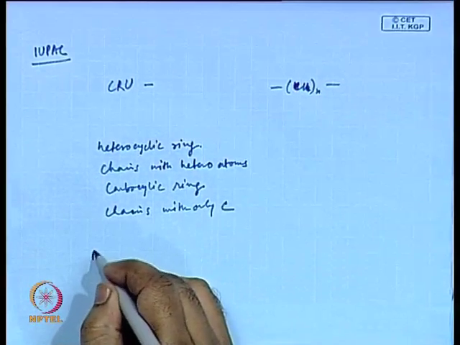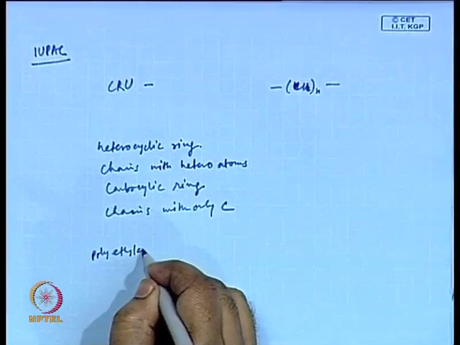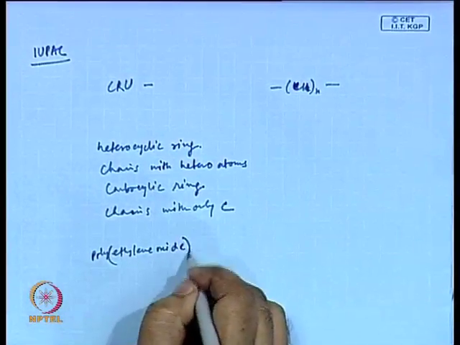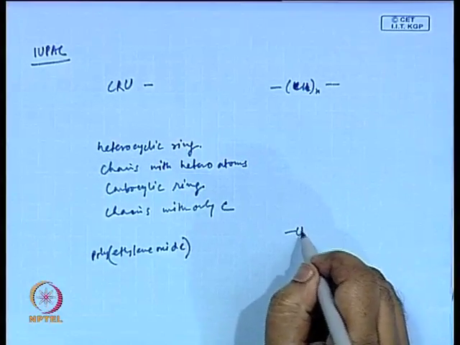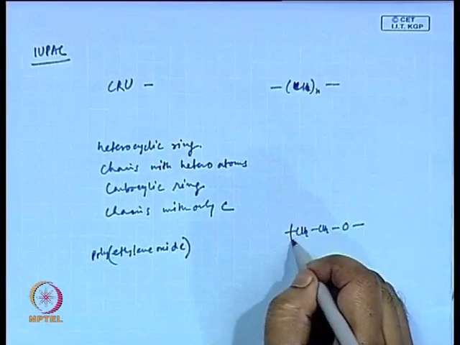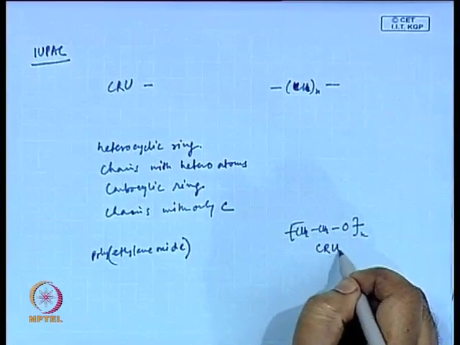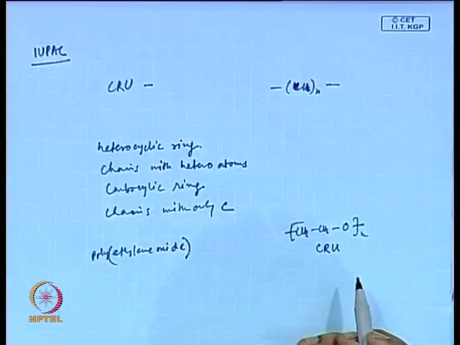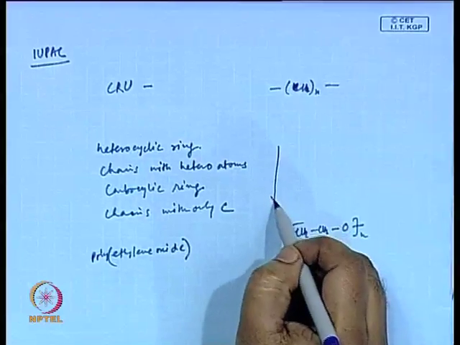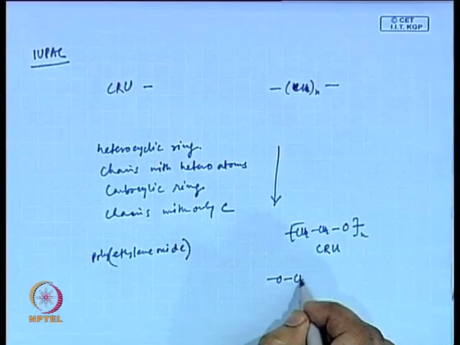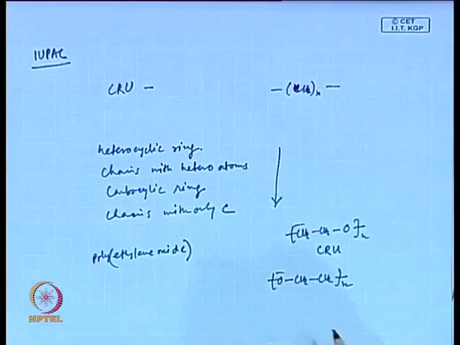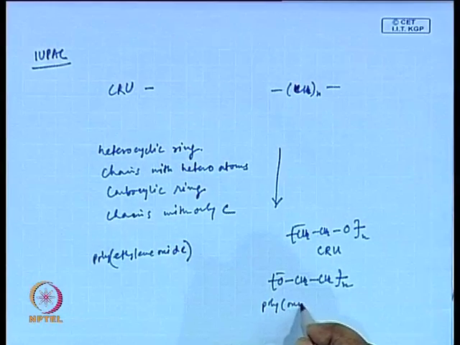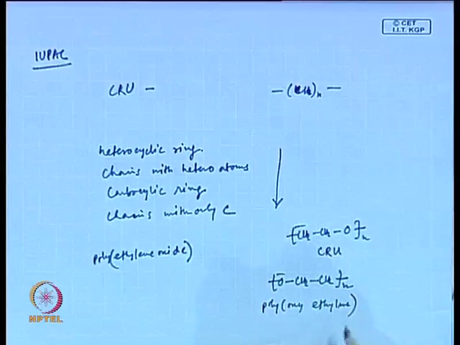So, if I have polyethylene oxide, IUPAC suggests that I have identified this as the constitutional repeat unit in this polymer, polyethylene oxide, but according to the seniority you have to write this as this. So, the name will be polyoxyethylene instead of polyethylene oxide.